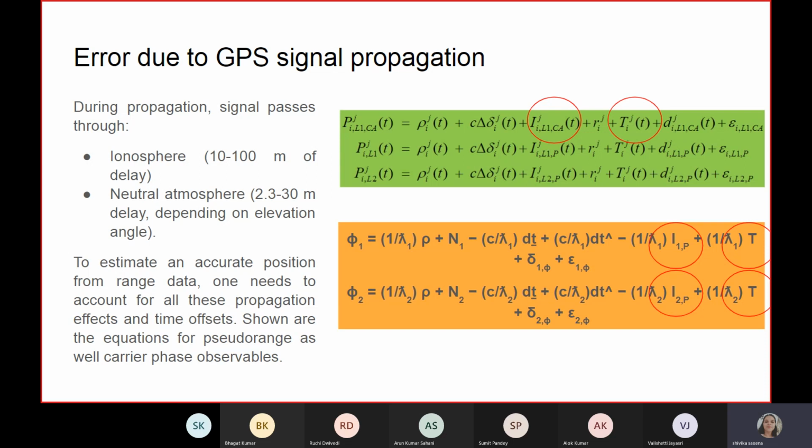This amount of delay is represented in terms of distance units: how much more distance it has traveled apart from the true geometric range, that is, the true distance from satellite to receiver. This is important data that is estimated during processing when we find the accurate position coordinates of the station.